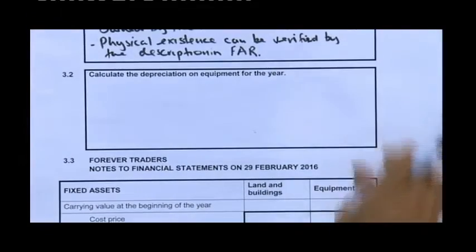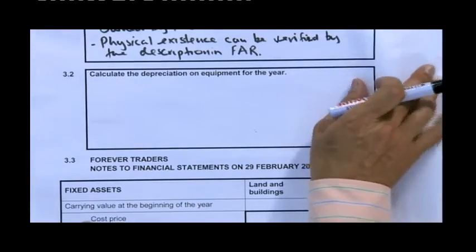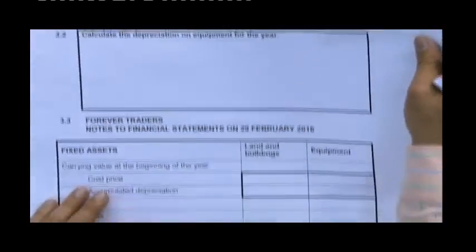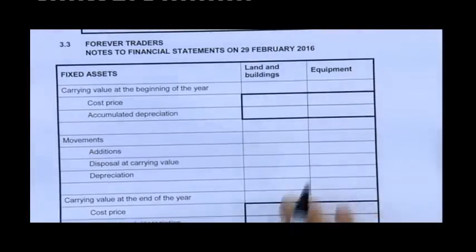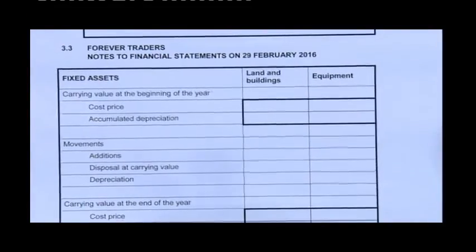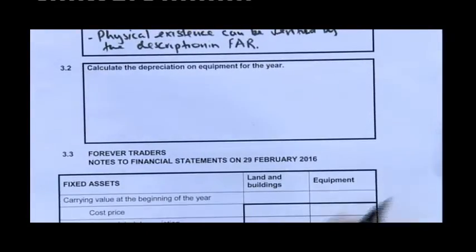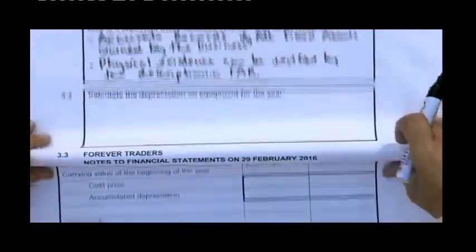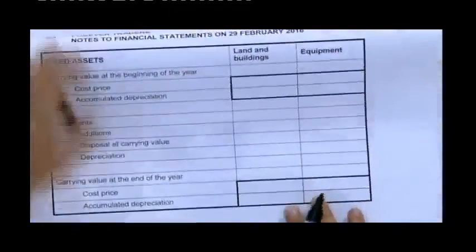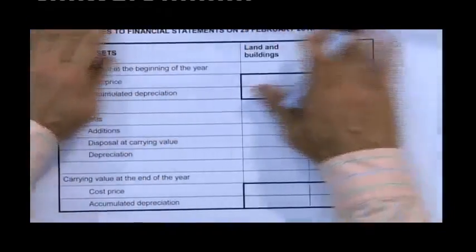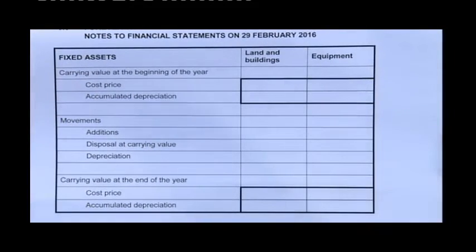So just for the sake of simplicity, let's first tackle the land and buildings, and then we concentrate on the equipment.